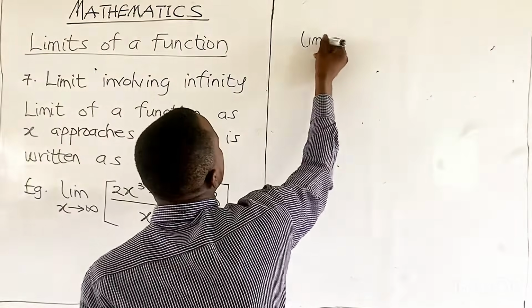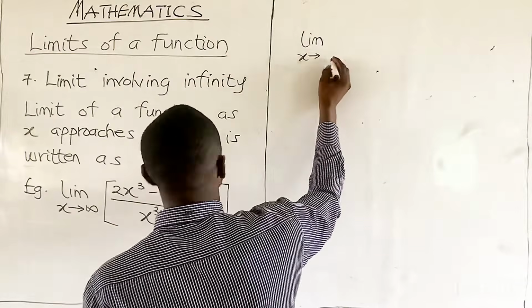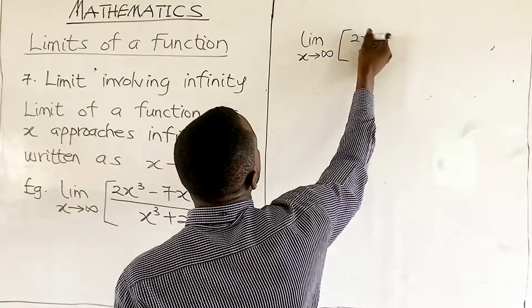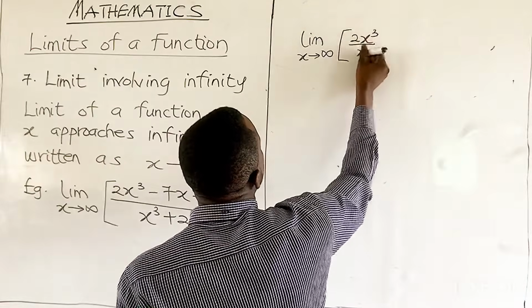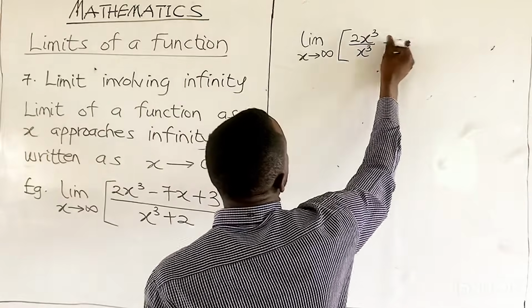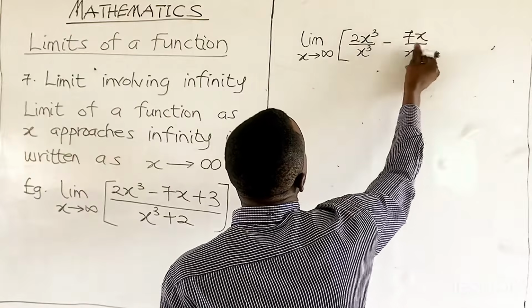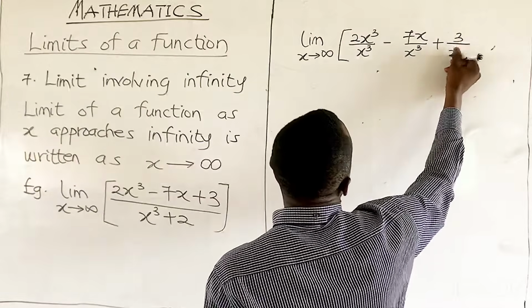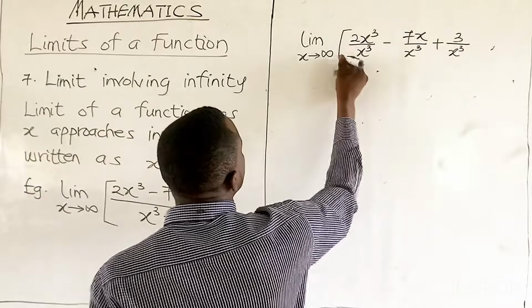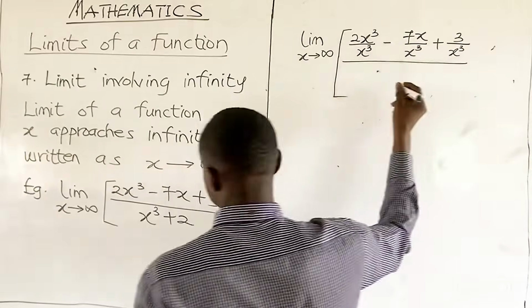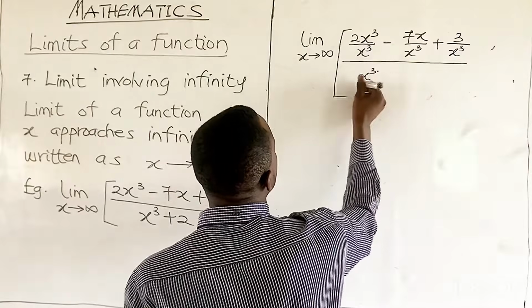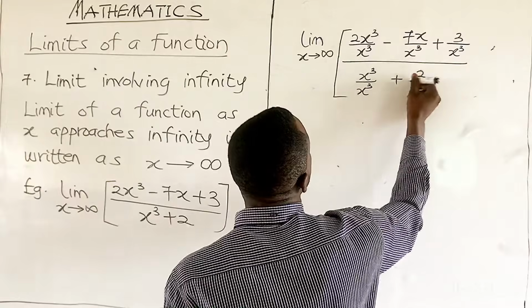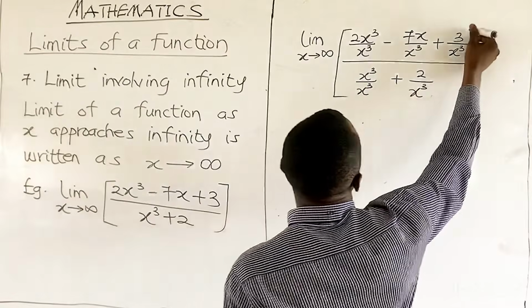So we are going to have 2x cubed over x cubed minus 7x over x cubed plus 3 over x cubed, all over x cubed over x cubed plus 2 over x cubed.